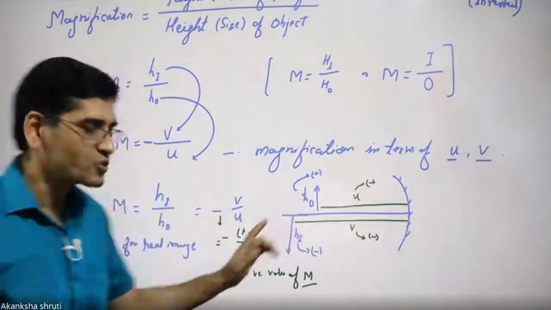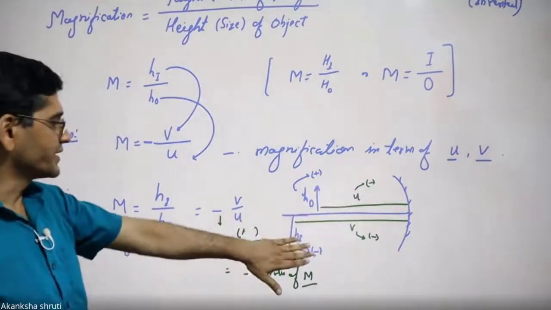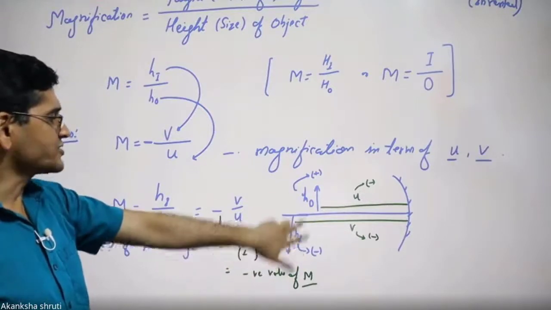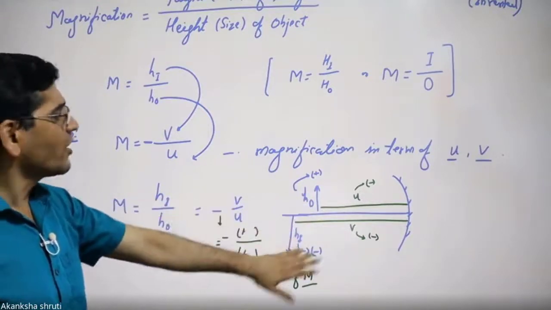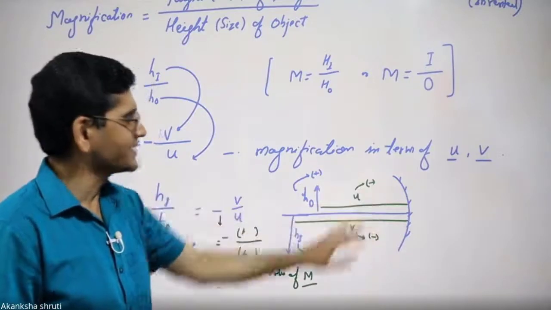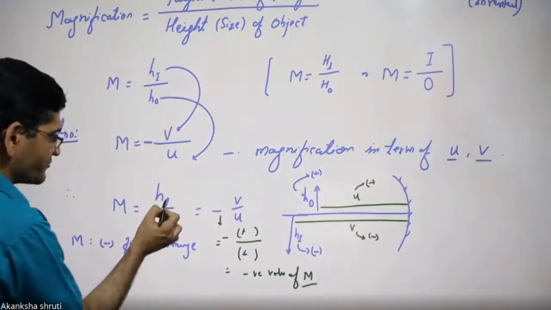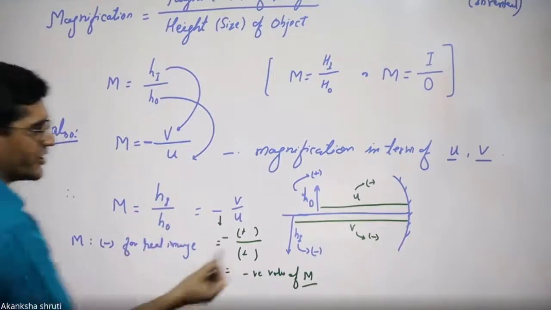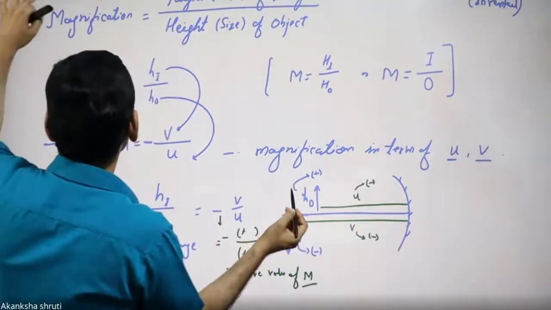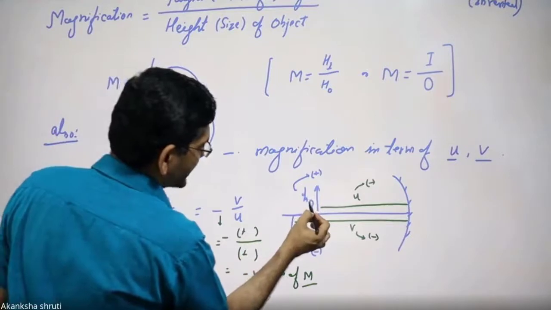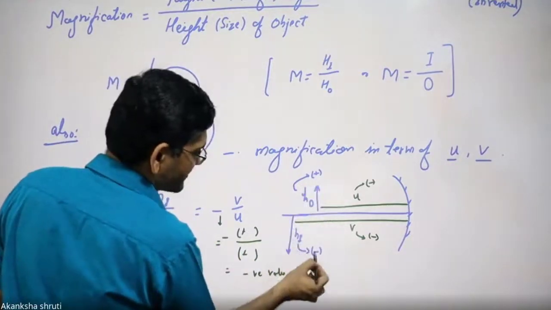This can be understood in terms of either the height of image and object or the distance of image and object. Students, again recall height of image and object. At that time, we observed that the height of the object is positive and the height of the image is negative.